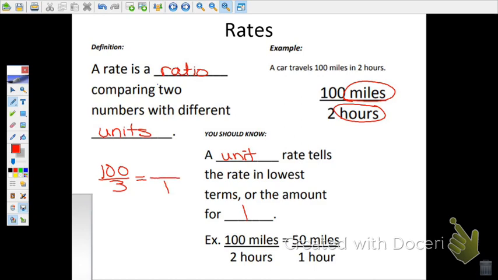So 100 divided by 3 would be 33 1/3 miles per hour. So yes, for a unit rate, it has to be 1 for the denominator. So a rate is just a certain kind of ratio that has different units. A ratio is simply a fraction comparing 2 numbers.